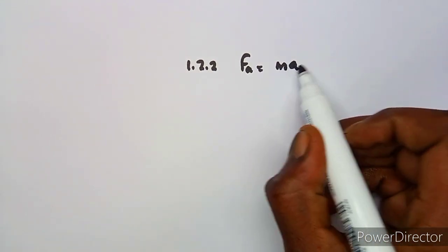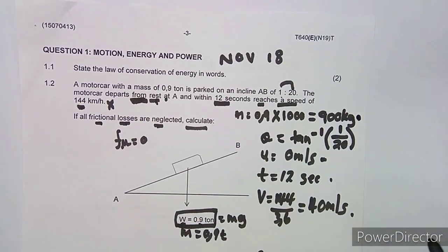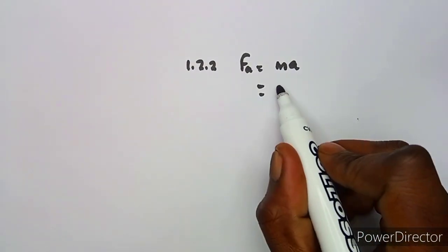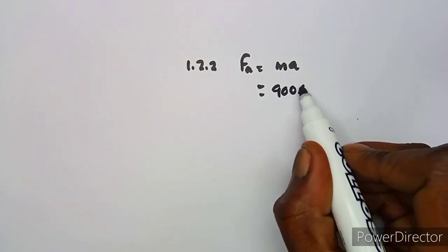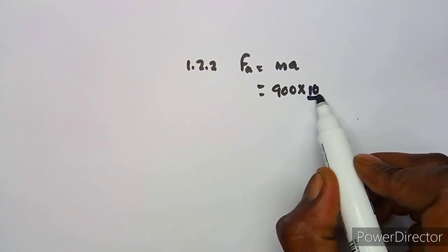That is what you're going to have there, which is mass times acceleration. So you've got the mass 900 is there. The acceleration, we just got it now, so it's 900 times. So it's going to depend now with the answer that you obtained, because if you obtained 10 over 3, you're going to have something like this.